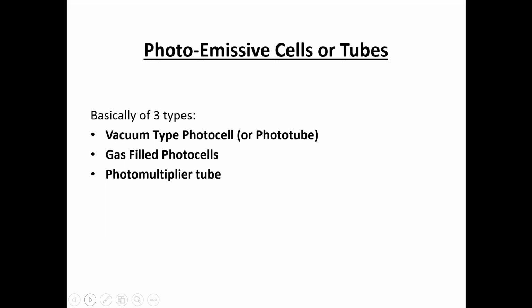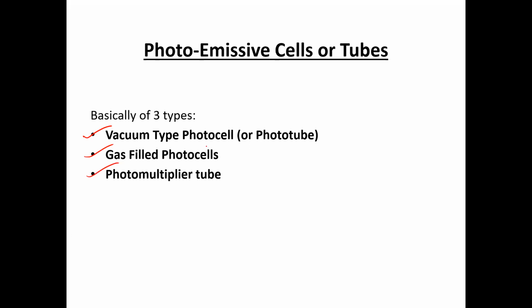The first type of optical transducers that I'm going to introduce is the photoemissive cells, or phototubes. These photoemissive cells can basically be of three types mentioned over here: the vacuum type photocell, the gas filled photocell, or the photomultiplier tube.